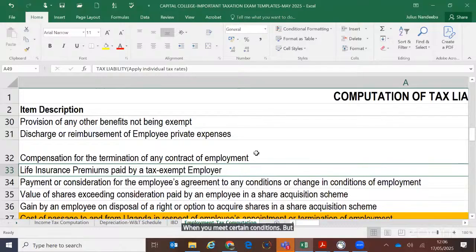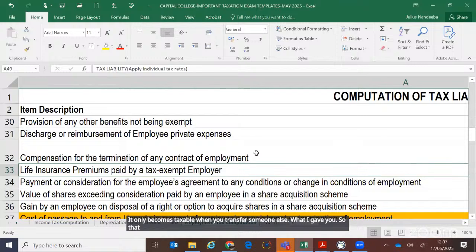But at that point, when they are giving you the share rights or options, they are not giving you actual shares, but they are giving you an instrument called an option or a right. It is an instrument that has a monetary value, and you can transfer it to someone else. Now, when they just give it to you and you have not transferred it to someone else, it is not taxable. So a share option or a right is not taxable. It only becomes taxable when you transfer it to someone else for a gain. So that gain is what we are taxing.